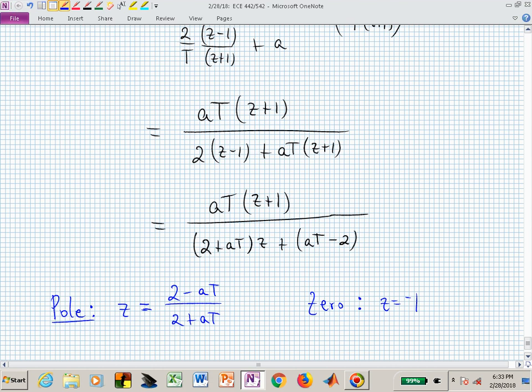Anything on the unit circle gives us this oscillatory behavior. In the z-plane, as far as we can go is only minus 1. And that's actually a frequency equal to half of our sampling frequency. So if we sampled at, let's just say 100 hertz, as fast as we could shake would only be 50 hertz for the discrete time system.